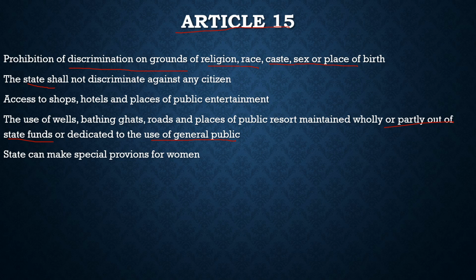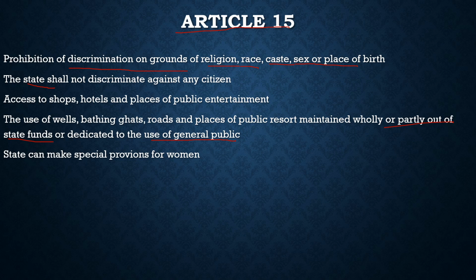So let's recap what Article 15 says. It prohibits discrimination on grounds of religion, race, caste, sex or place of birth. The state shall not discriminate against any citizen. And if you want to do any good, any special provision, you can bring it under Article 15 for women, scheduled castes, scheduled tribes, children and all the backward classes. So this is in a nutshell about Article 15.